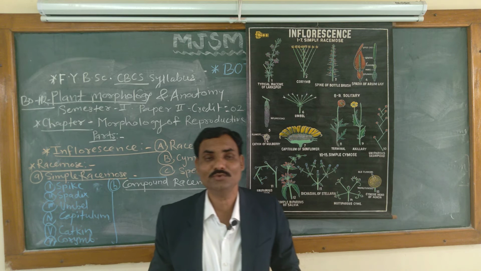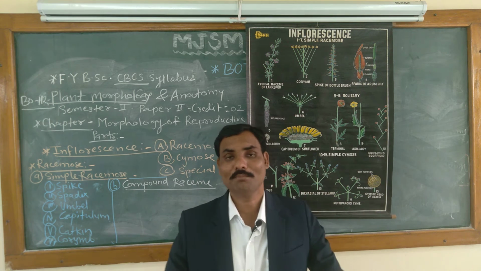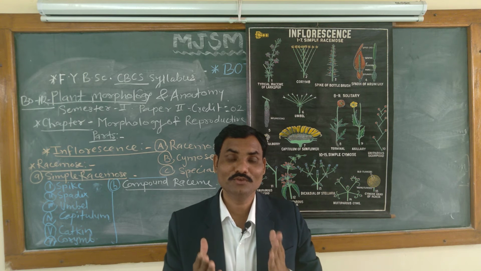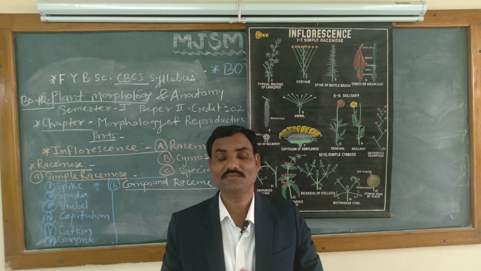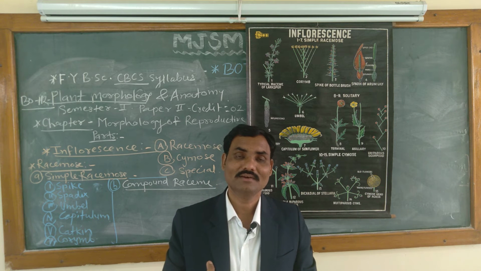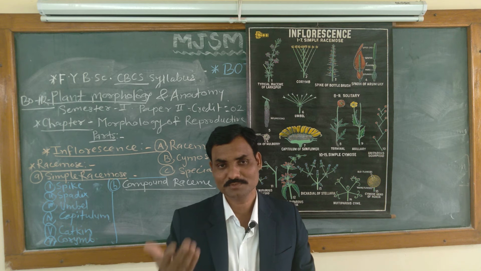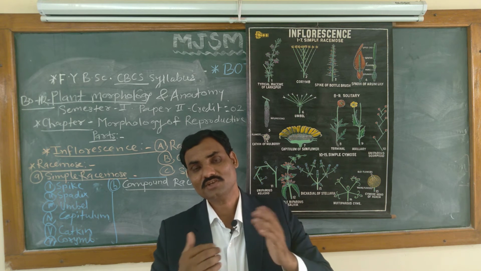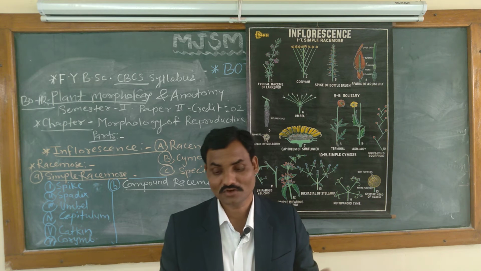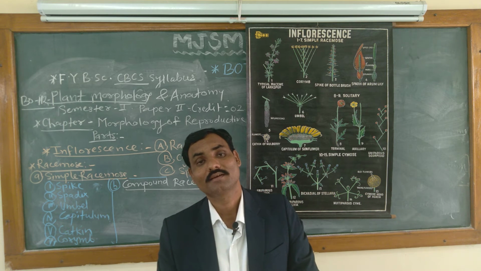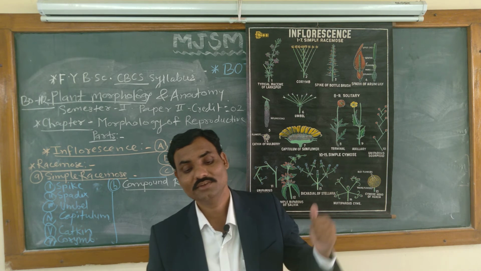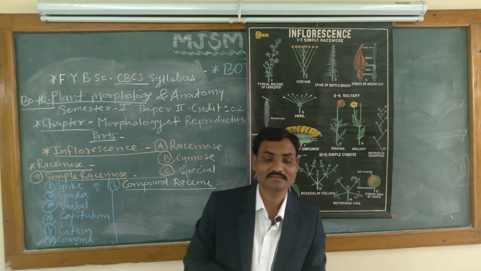The flowers are either unisexual or bisexual. We know the definition of unisexual flowers and bisexual flowers also. When only one of the sex organs, androecium or gynoecium, is present, it is called a unisexual flower, and when both sex organs, androecium and gynoecium, are present, it is called a bisexual flower. Both types of flowers are found in the simple spike inflorescence.